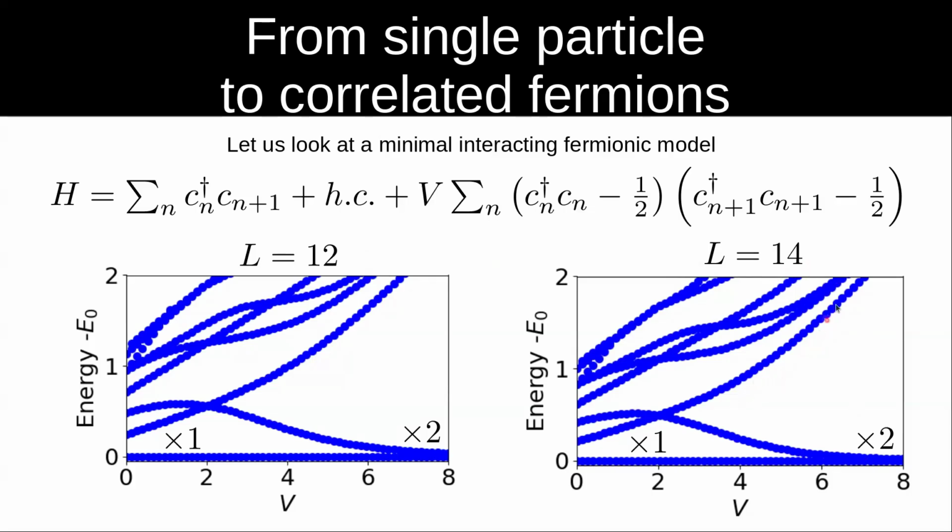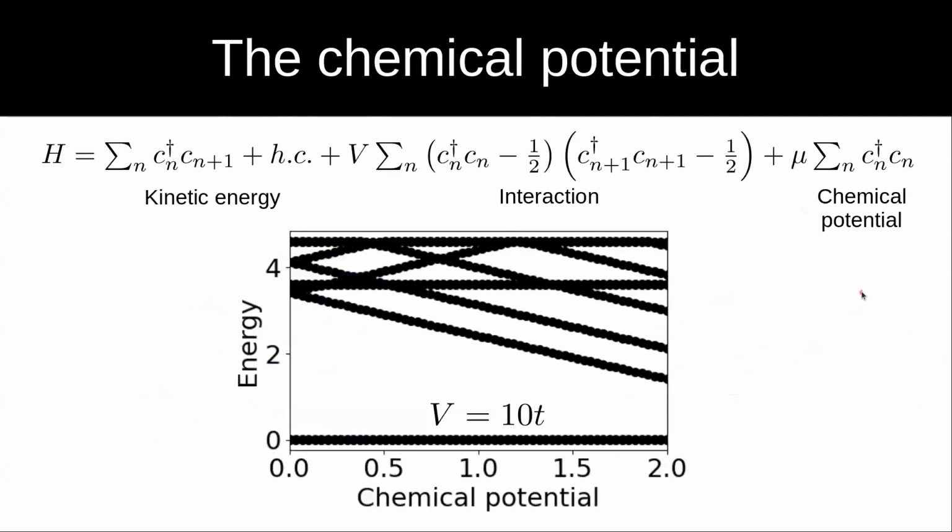If you look at the slope of this state, you can see that the slope is approximately V, especially for very large V. So what this is telling you is that in the thermodynamic limit, this is going to be an insulator. You're going to have a ground state that is twofold degenerate, and then a huge gap that is proportional to V, and it's going to become insulating.